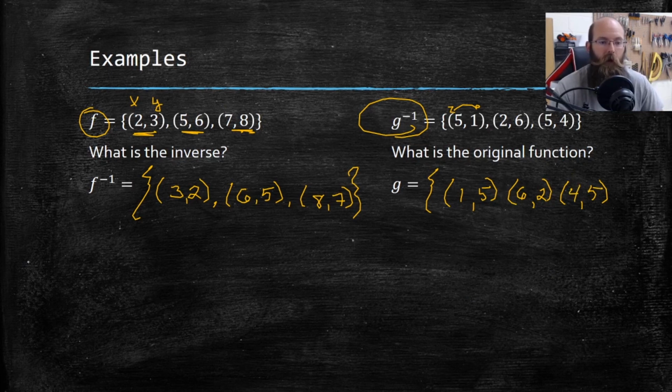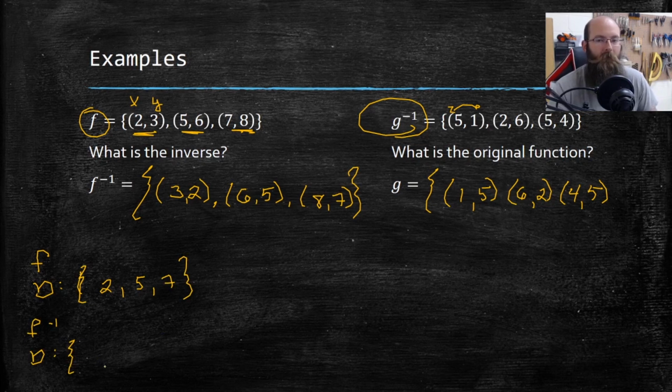My domain for f, so here, the domain is, squiggly bracket, all of my first things, right? 2, 5, 7. If I'm looking at my inverse function, the domain of that, it's still all of my first things. It's still all of the x coordinates, but they have just been switched now. So it's 3, 6, and 8, which is kind of neat because that's actually the range, or my y values, my outputs of my f function.